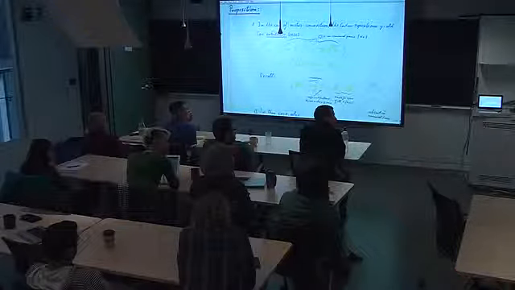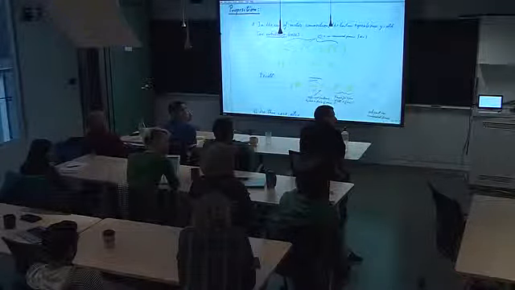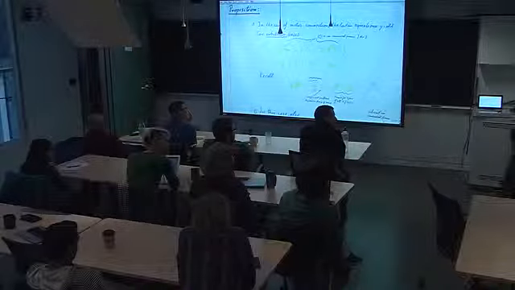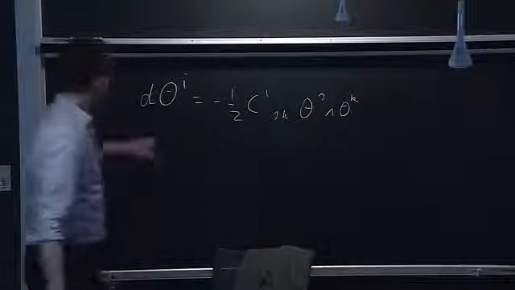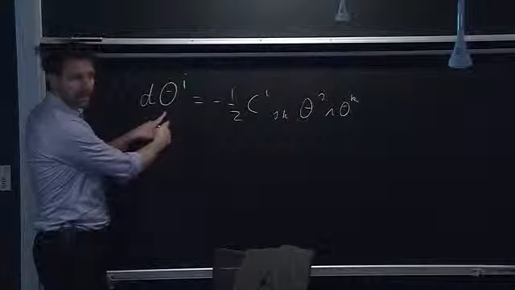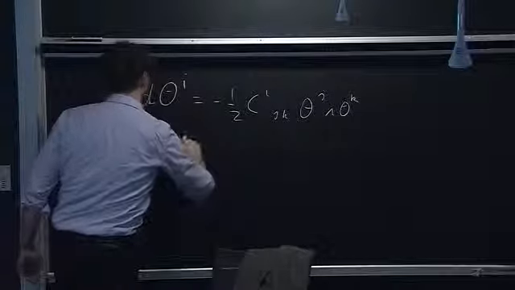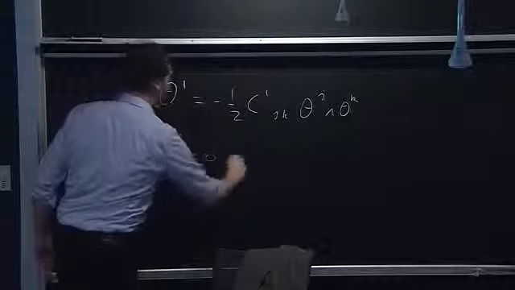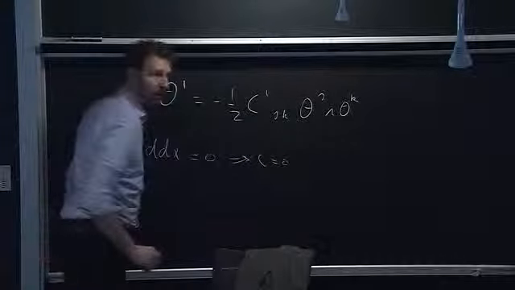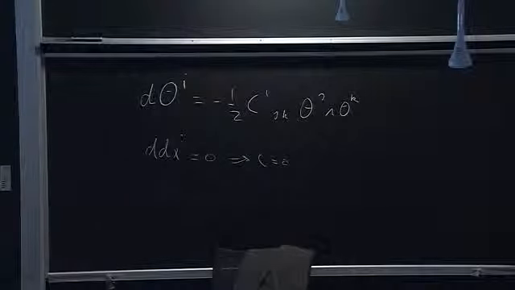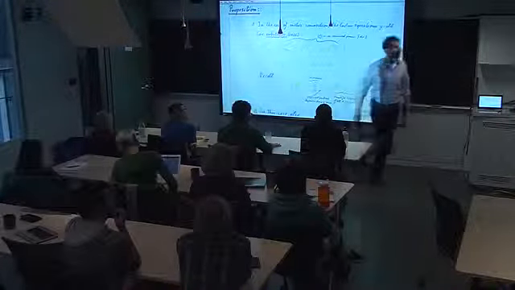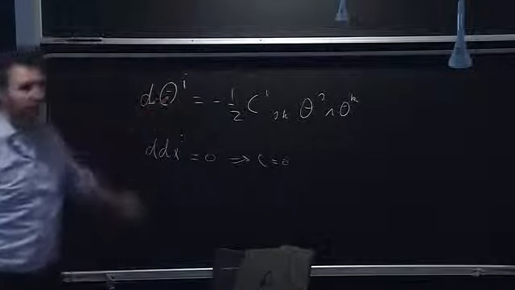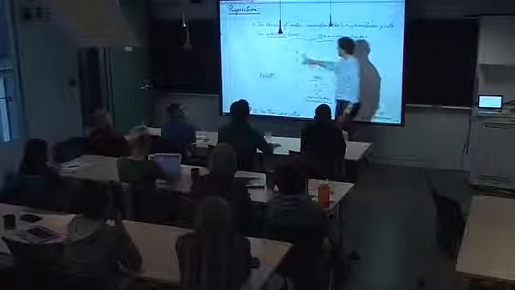And if you take the d of that, then this is, I think, a minus 1/2 c^i_jk times theta^j wedge theta^k. And if you choose for your basis the dx^i, then the d of that is equal to 0, and we had that the c is equal to 0. So if we choose the basis that comes with the coordinate system, then the first line goes away because this matrix C is absent. It only arises if we allow ourselves non-trivial choices of bases here. So it seems like a price is to be paid here.